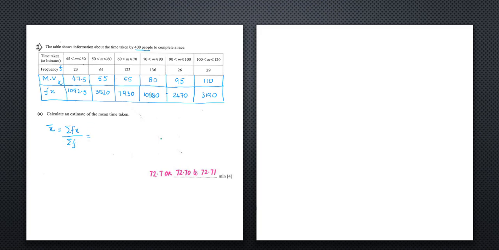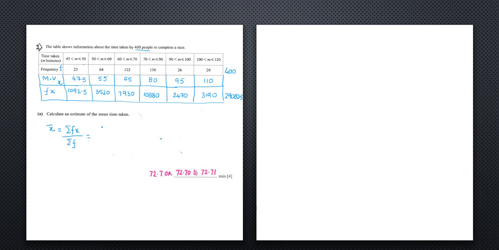So in which case we add up all these values to get the summation of fx, which comes out to be equal to 2982.5, and the total frequencies, as the question says, is 400 people. So the sum total of all the frequencies will be 400.